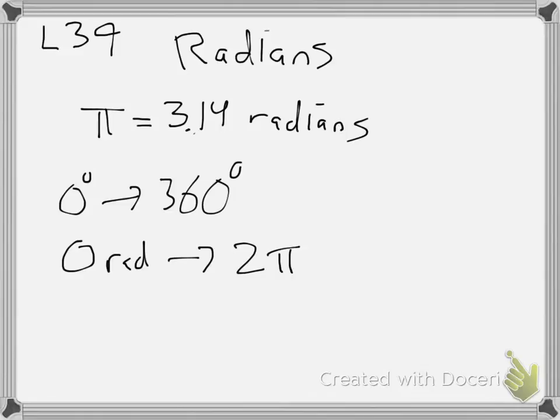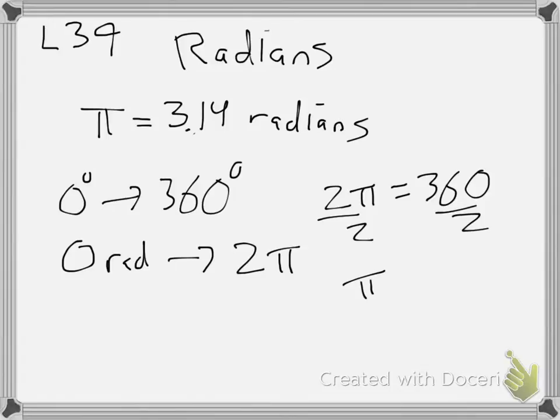Well, 2 pi is equal to 360 degrees. Or, if I divide both sides by 2, pi is the same thing as 180 degrees. So if I asked you where you are on the circle at pi radians, you would be at 180 degrees.